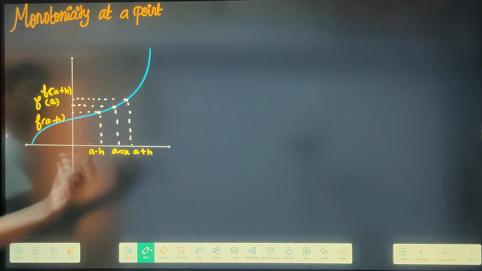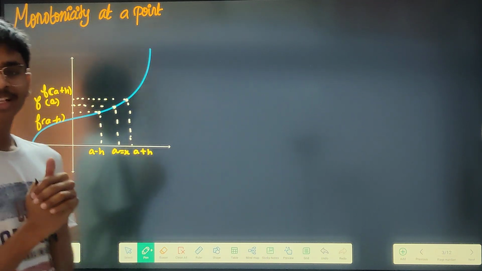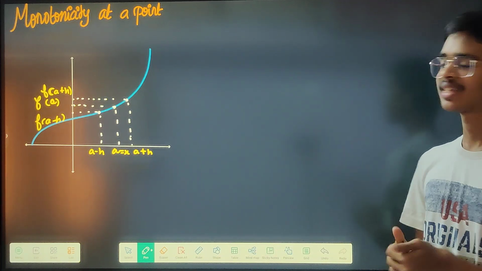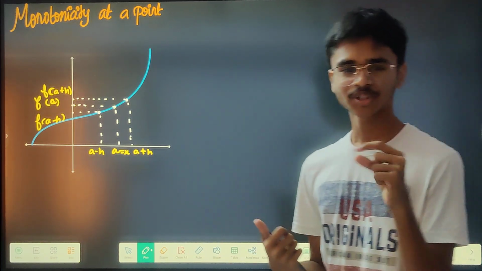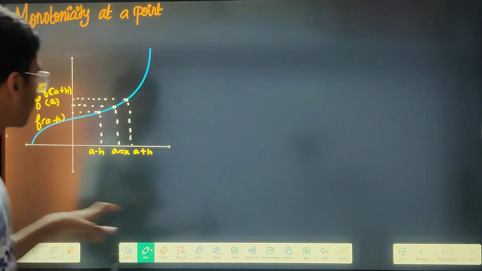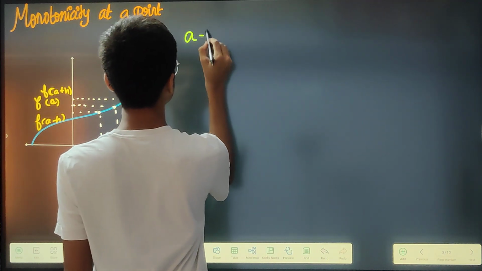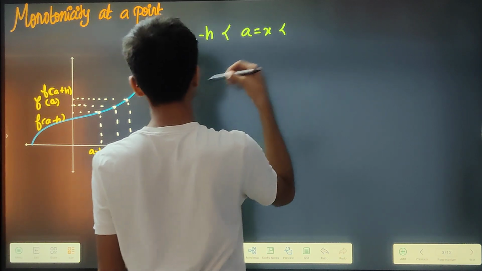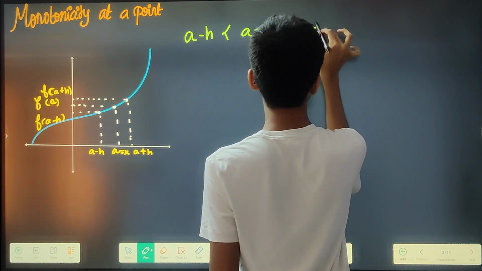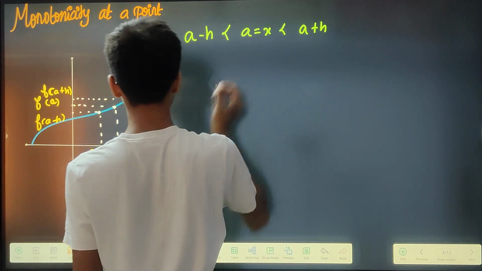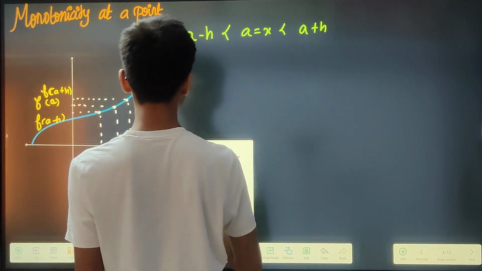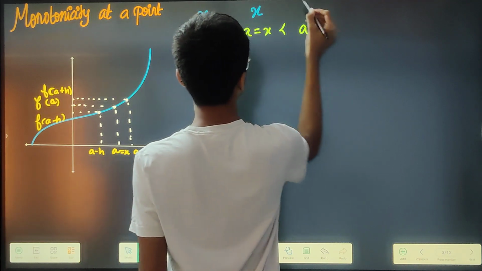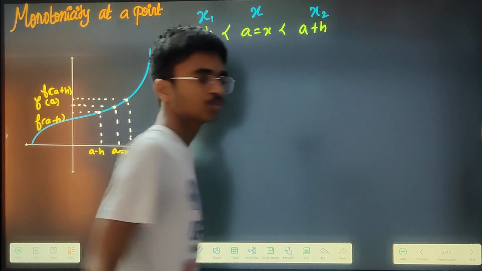Now we are going to check whether it is increasing or decreasing. Just by looking at the graph, we can very easily say that it is increasing. Now, you know a trick. When a minus h is less than a, which is less than a plus h, I can take these as x1, x, and x2.